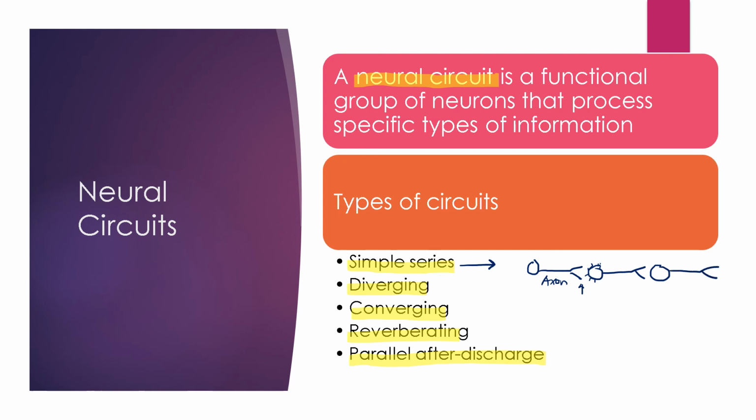So this is just a simple series circuit where we have our first, this is going to be our presynaptic neuron for this synapse, connects to our postsynaptic neuron here. Then you have another synapse and so on and so forth. So it's just one connected to one connected to one. However, most neural circuits are going to be a lot more complex than this.